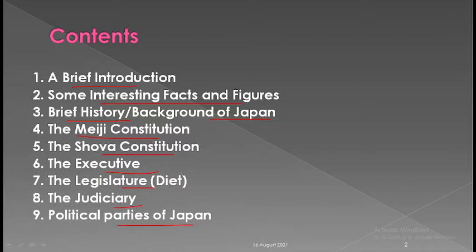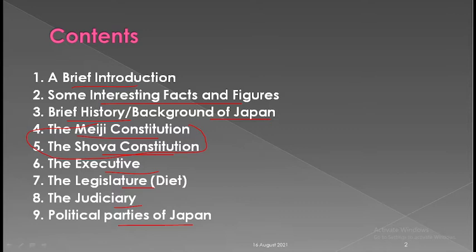Now here you might be surprised why we have two constitutions, the Meiji Constitution and the Showa Constitution. The Meiji Constitution was adopted in 1889 and came into force in 1890. And the Showa Constitution was adopted in 1947.